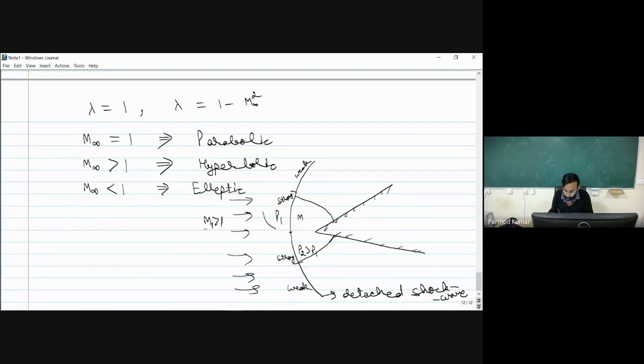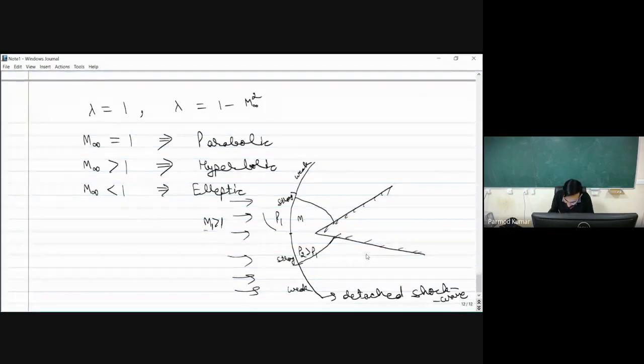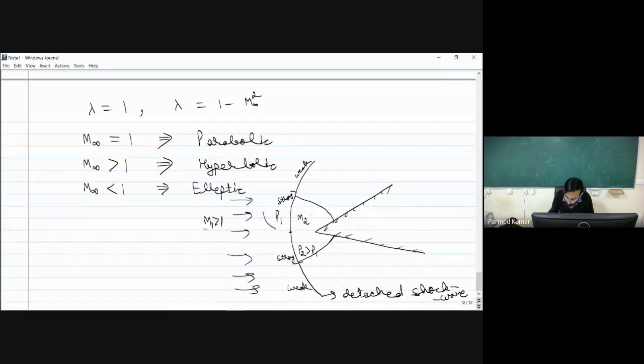So velocity will be decreasing, and because of the decrease of velocity, we will find some section where the Mach number, say if I call it M2, will be less than 1. And in the remaining portion behind this boundary, once again our Mach number, say if I call this M3, will become greater than 1.